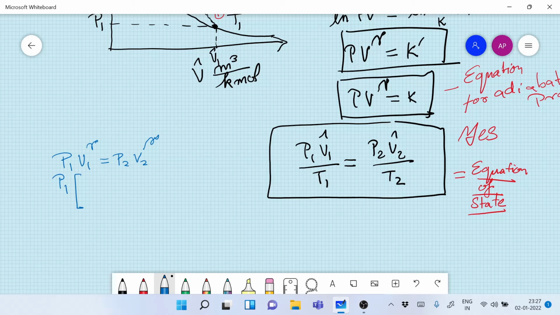Therefore, V1 can be written as V2 P2 by T2 into T1 by P1, the whole raised to gamma, is equal to P2 V2, the whole raised to gamma.